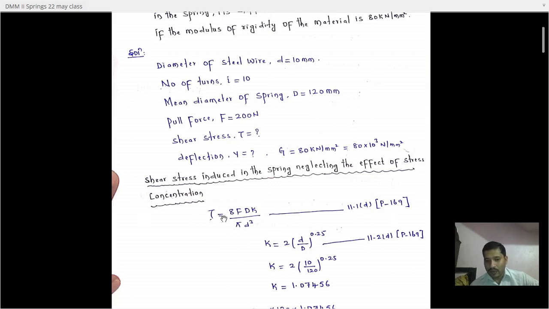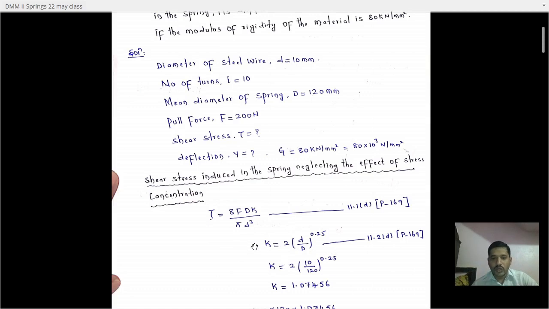Here 8 is constant, F is the tensile force acting on the spring, D is the mean diameter of the spring, K is Wahl's factor, and d is the diameter of the coil, pi d cube.